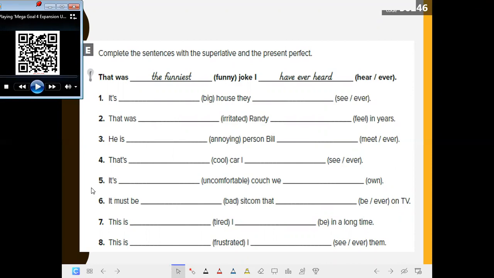طيب ماجد فيصل. ماجد. أيوة يا أستاذ. Good morning ماجد. الحمد لله بخير. Majid, can you tell your friends what is the superlative adjective?